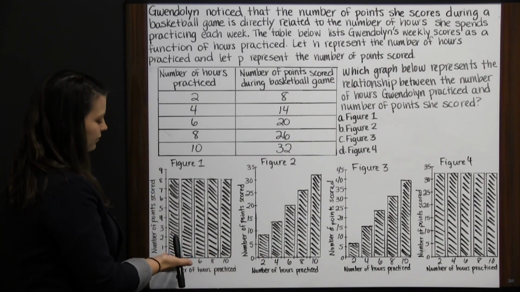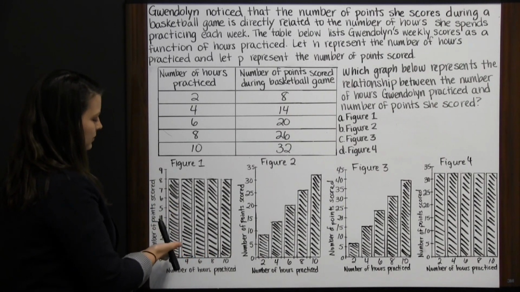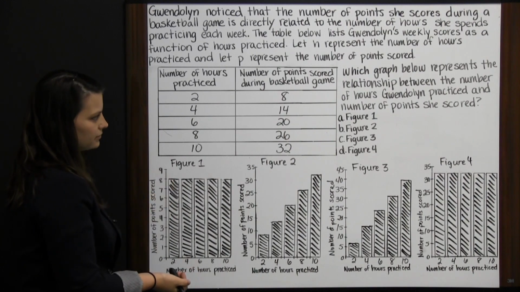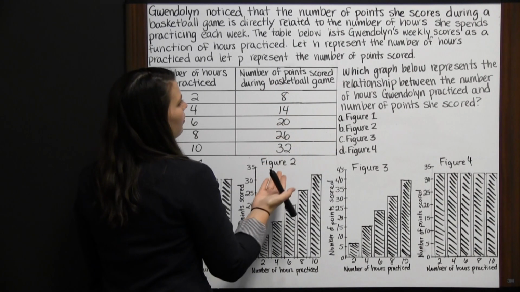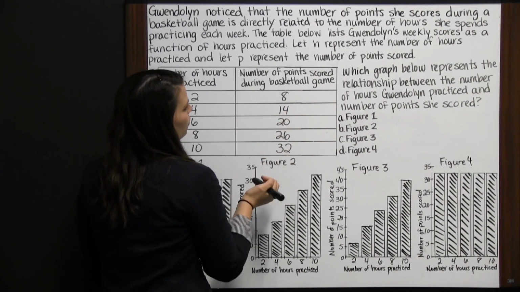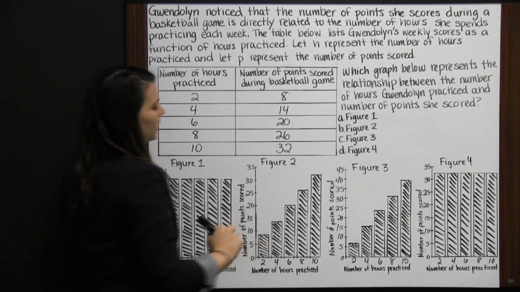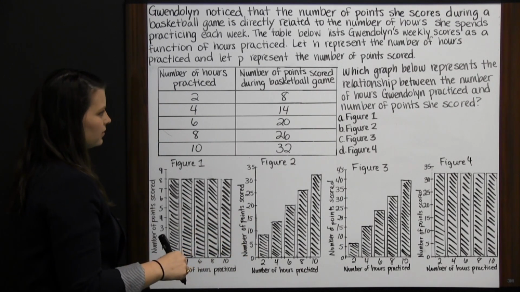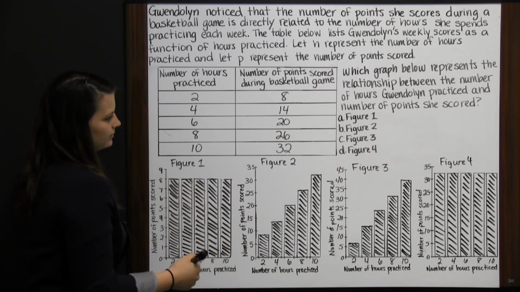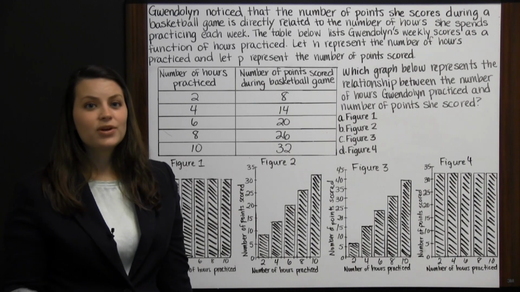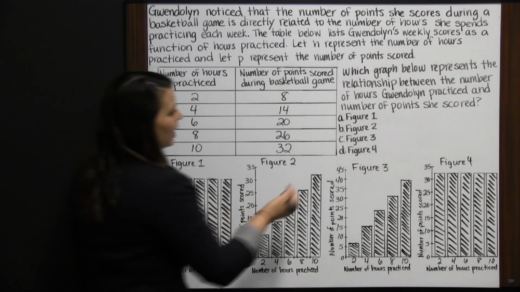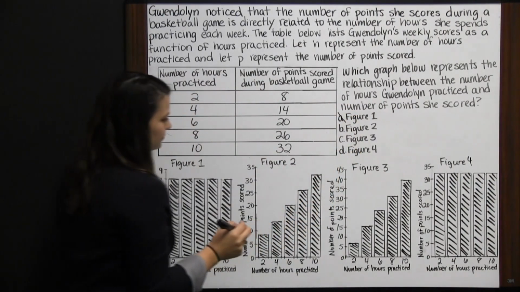In our first graph, the number of points scored is between 0 and 9. If you look at our table, the number of points scored for 4 out of our 5 sets of numbers, they're over 9. Just based on that, you could eliminate figure 1 as a possible answer.